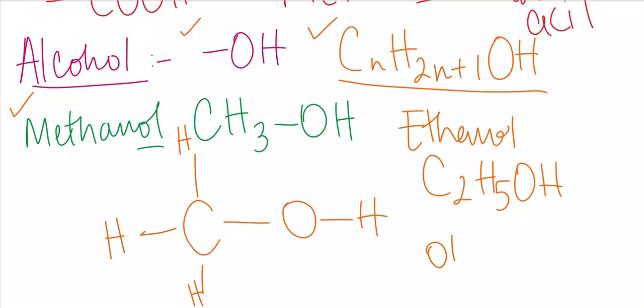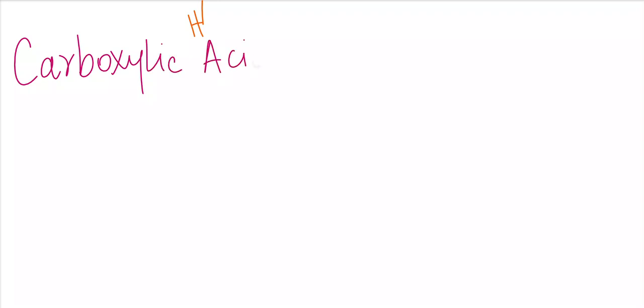Next we will talk about the carboxylic acids, which end with oic acid. The carboxylic acids are the 4th homologous series that I displayed in the table.